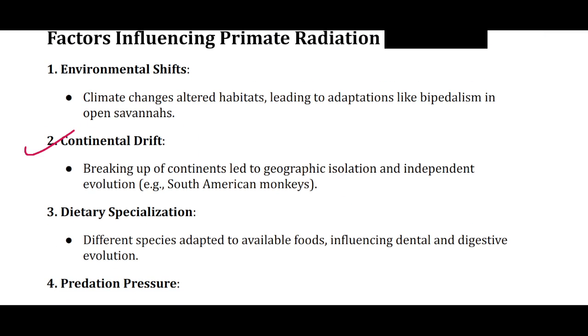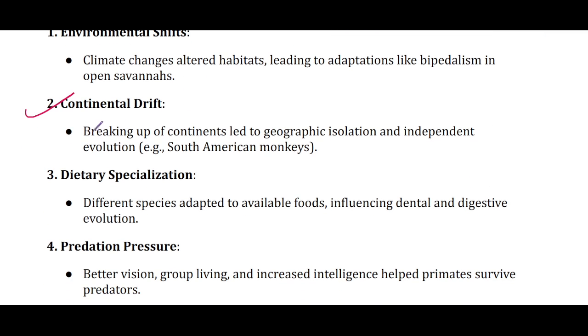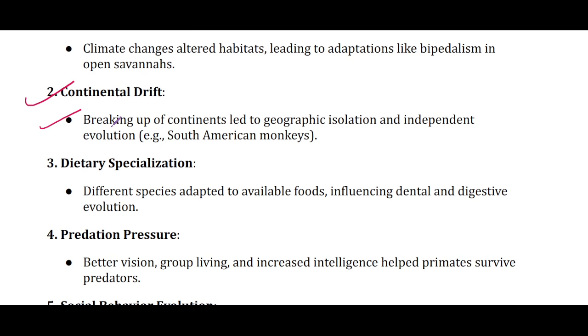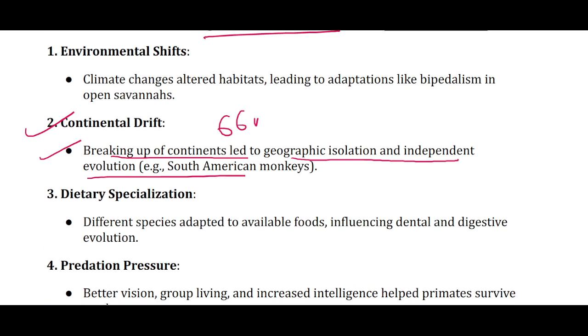Then the second factor that influenced primate evolution was continental drift, wherein the breaking up of continents led to geographical isolation and independent evolution. As I told you, 66 million years ago, it was also the time when the Indian plate collided with the Eurasian plate.